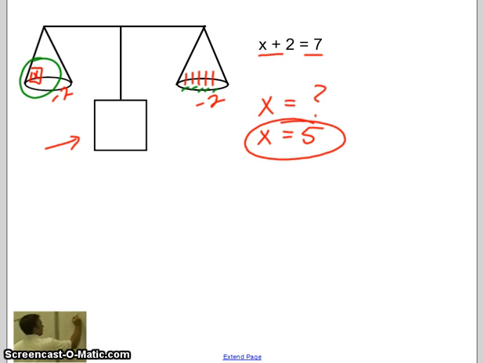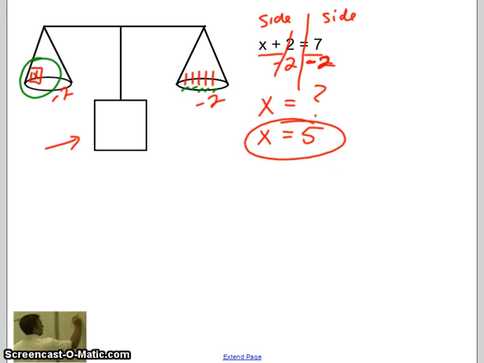Mathematically it's like subtracting 2 on both sides as well. So I subtracted 2 over here, that got rid of that 2, I was left with x, and then I did the same on the other side of the equation. Sides meaning here's one side, here's the other side, split by the equal sign. I subtracted 2 as well. So 7 minus 2 and then I got 5.